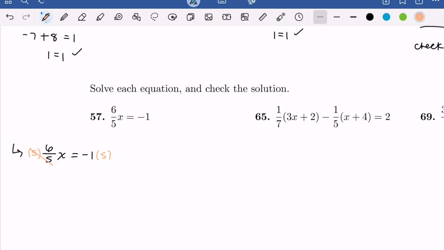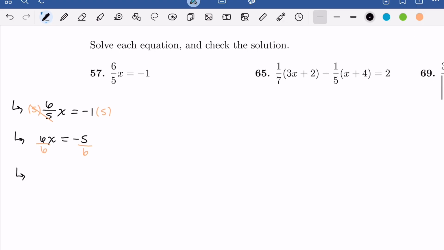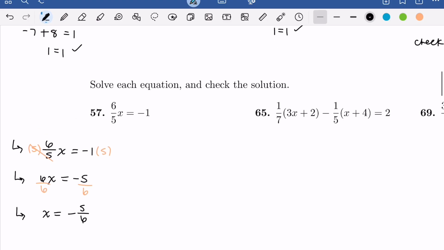When we do that, these guys are going to cancel, and we're just left with 6 times x on the left-hand side and then -5 on the right-hand side of our equation. Now, to fully isolate our variable, we need to divide both sides by 6. This will give us x isolated on the left-hand side, and on the right-hand side, we have -5/6. So this is our potential solution for this equation here.